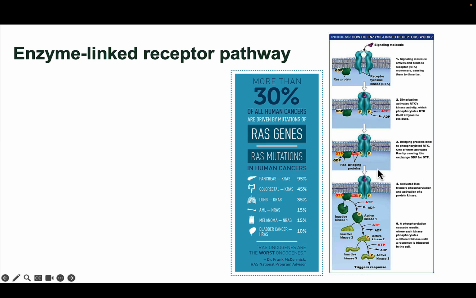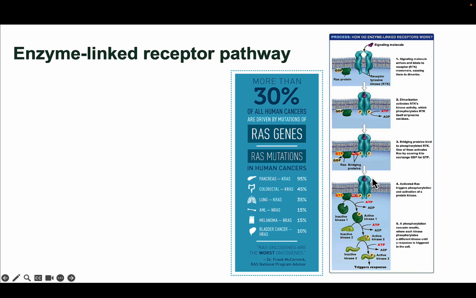The reason I'm bringing this up is because more than 30% of all human cancers are driven by mutations in this receptor tyrosine kinase pathway, particularly in this G protein that's an intermediate in the pathway called RAS. And it's particularly problematic in pancreatic cancer, where 95% of people have a mutation in KRAS that causes this pathway to be essentially chronically active.